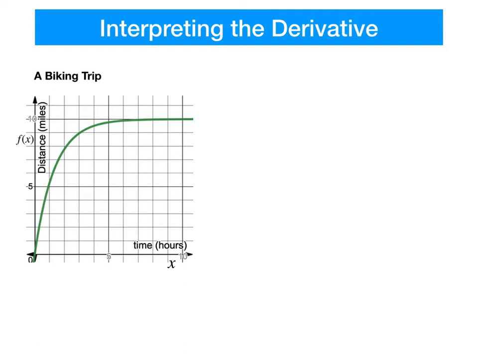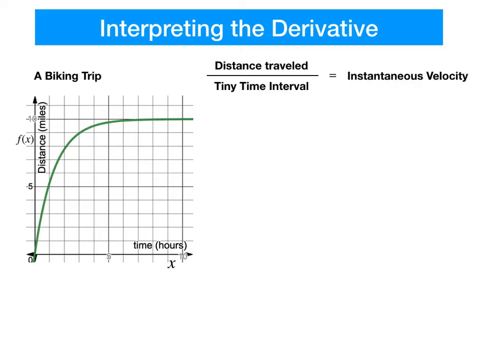Using this distance function, can I explore my speed at a certain time during this trip? Let's explore it. Let's keep in mind that the ratio of the distance traveled over a tiny time interval gives me a good idea of my instantaneous velocity at a time.